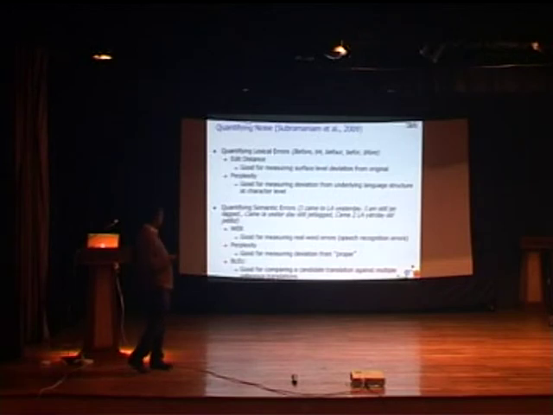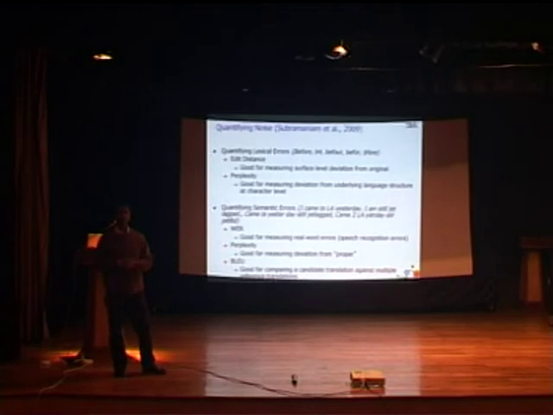So how do you quantify this? There is no single way in which you can quantify, and that's because there are several forms of noise. There is no single noise form, so there is no single way of quantifying. Things like edit distance, perplexity, word error rate, the BLEU metric, all of these have been used in different settings.